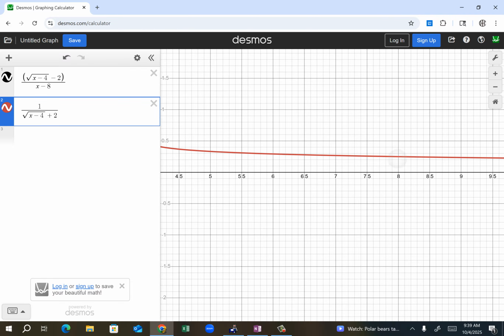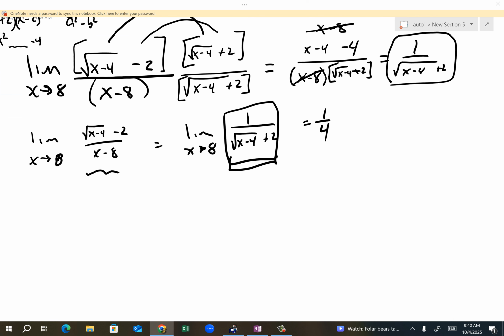Oh my gosh, they look the same. They are the same everywhere except here. You see it is, in fact, a quarter. But on this guy, it's undefined. And so they are not the same function. But they are the same everywhere except at 8. Okay?